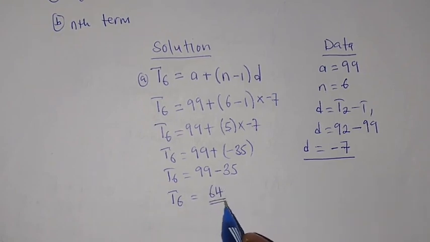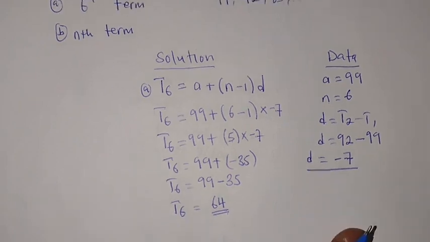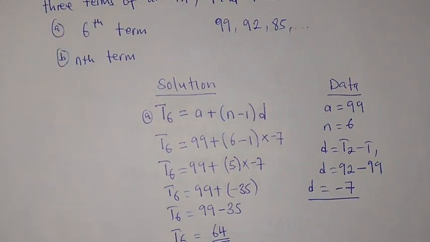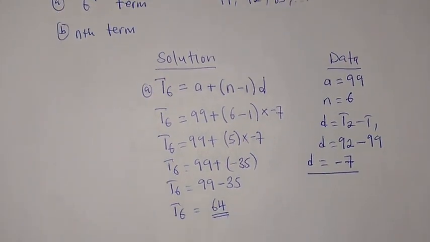So this is our term 6, which is 64. So our term 6 is 64. I hope you are following. So we have answered our question A. Let us now answer our question B.